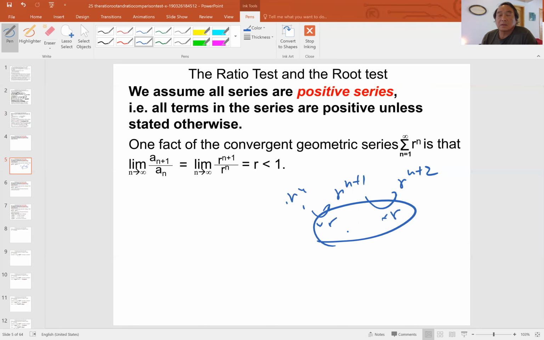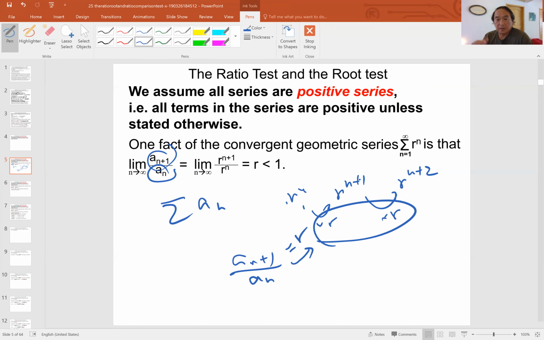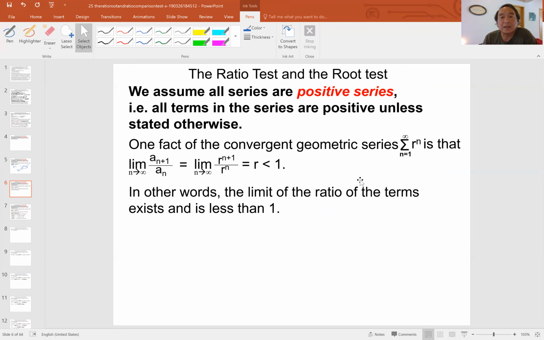So that means if I have a series with terms sum of a_n, if I take the ratio of the two terms, a_(n+1) divided by a_n, it is r in the case of a geometric series. But I don't really need that to be exactly equal to r.